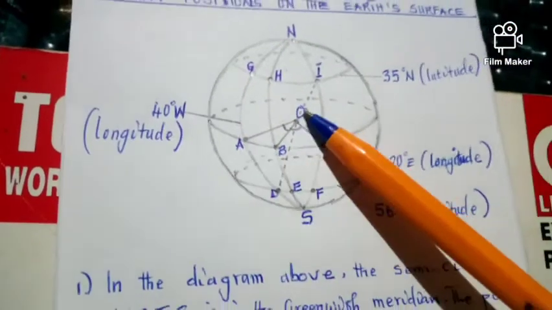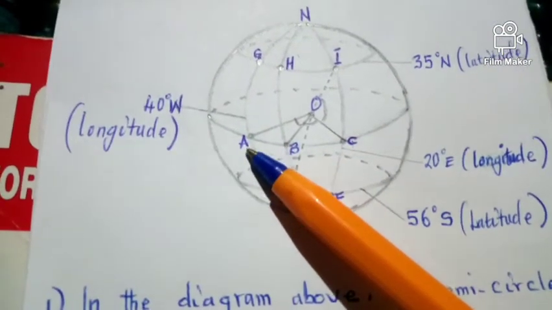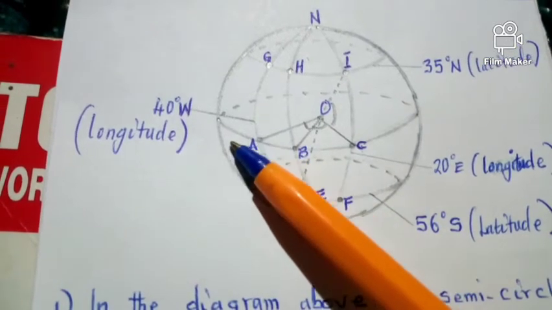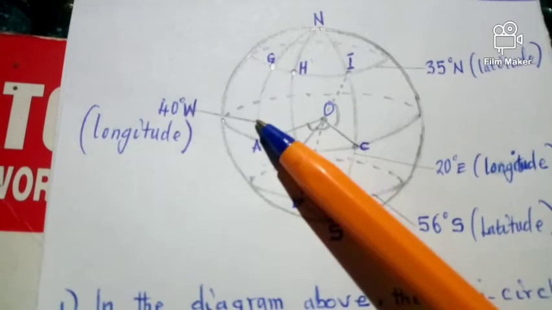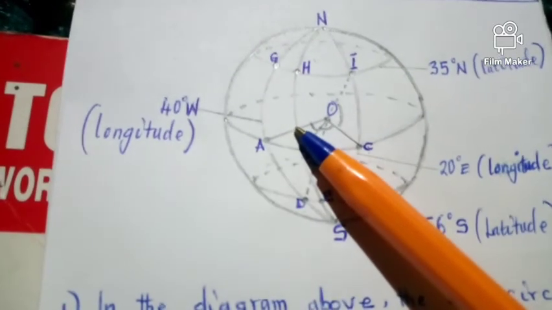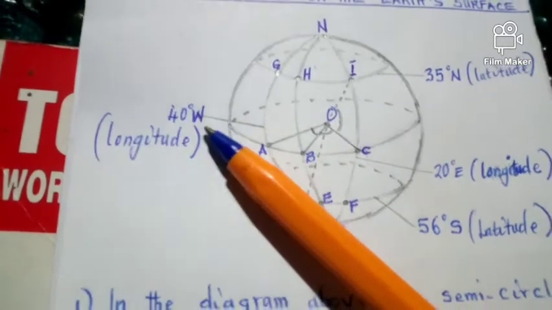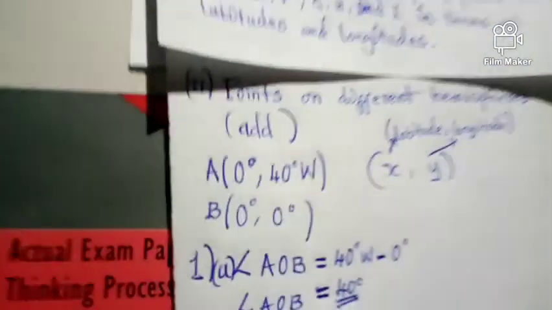Okay, so we have said A or B. So the angle that you're finding here, subtract this longitude, because the latitude is the same, which is 0. So you're subtracting this minus this, which is this one is 0, this one is 40 degrees west. So 40 degrees west minus 0. That is how you do it.